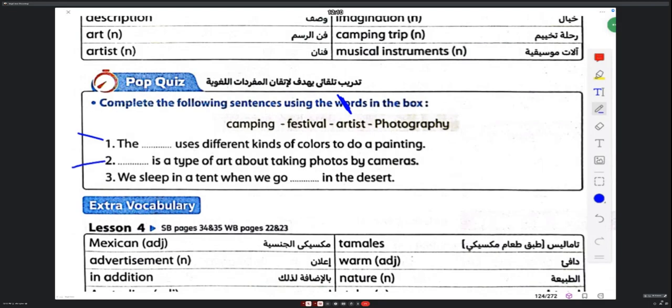Okay. Number two, anyone can answer. Photography is a type of art. Number three, we sleep in a tent when we go there. Okay, camping.